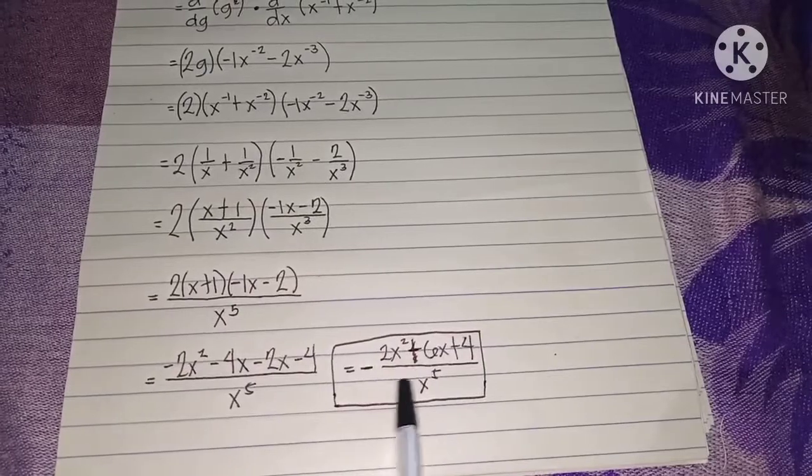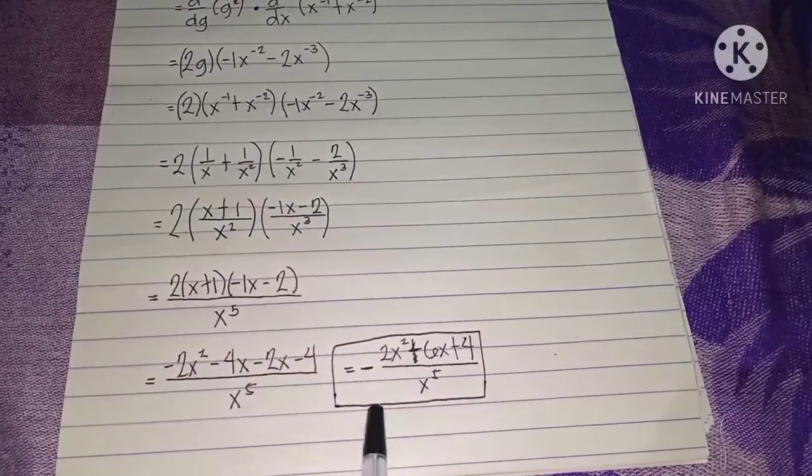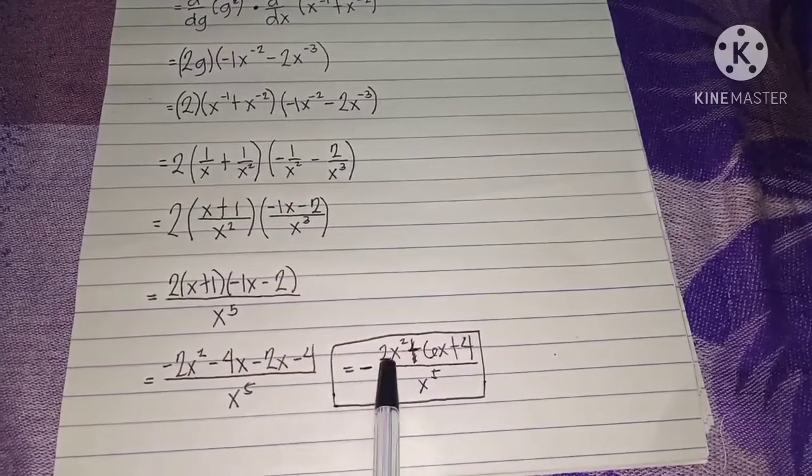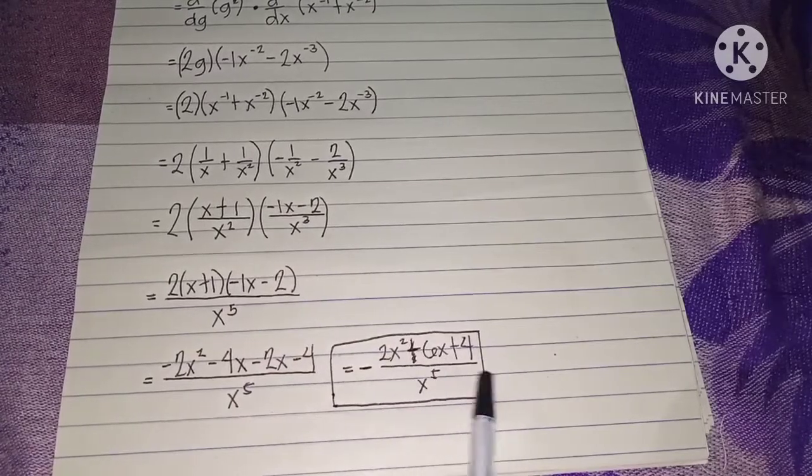So here it is, negative 6x, and this is our final answer: negative of 2x squared minus 6x plus 4 over x raised to the power of 5.